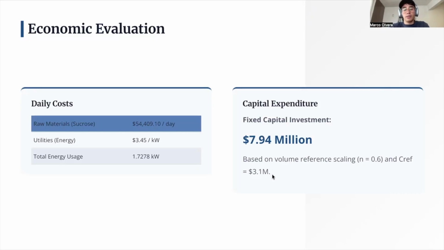Also, the values of concentration or conversion were arbitrarily chosen, just like n equals 0.6 was the mean of the interval that went from 0.5 up to 0.7. And the cost reference was 3.1 million, as I mentioned before.